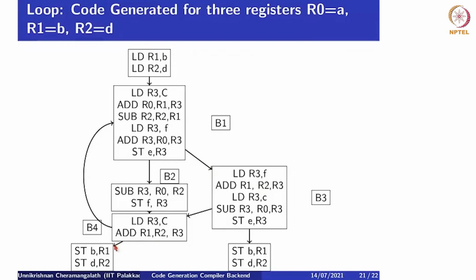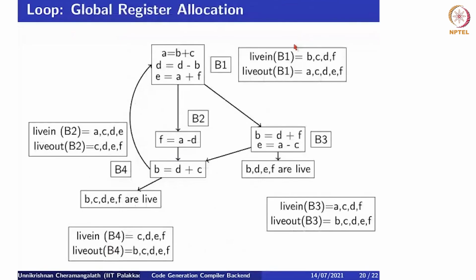So these values are computed in R1 and R2. And other live variables like F and E are already stored in memory. So R1 and R2 are stored. It can be assumed that A is not live on exit, or live out.